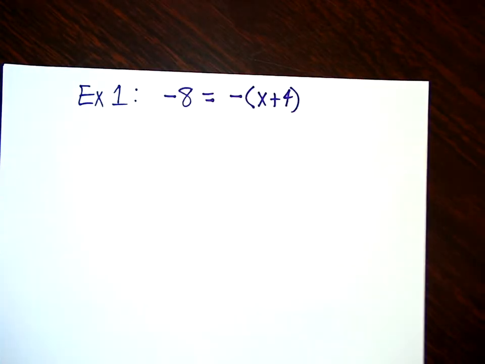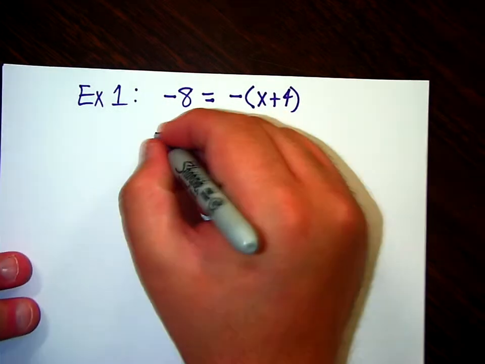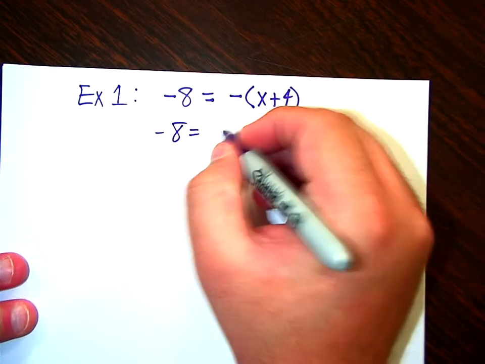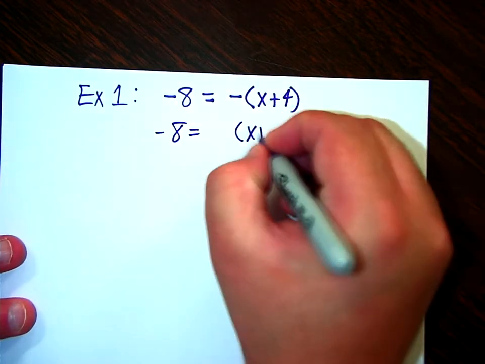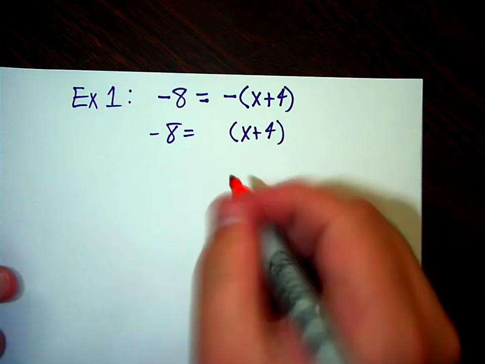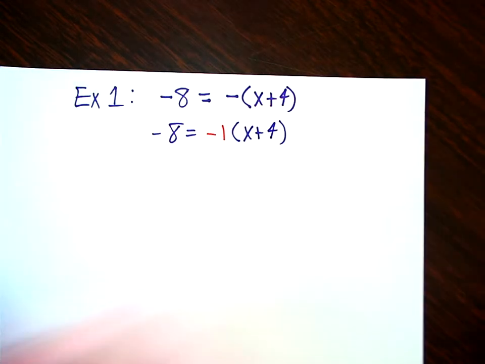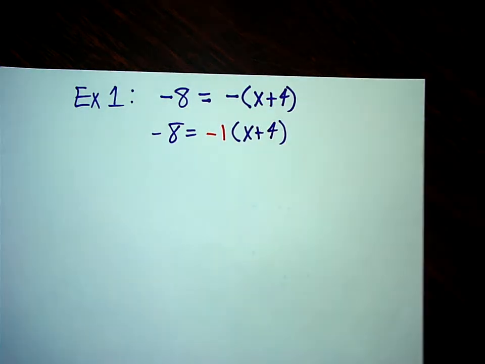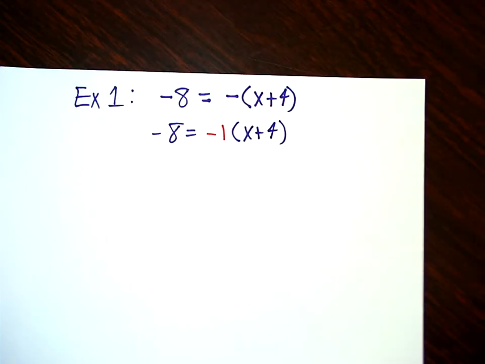So I'm going to rewrite this with something there that will help us greatly. Okay, this negative sign is going to turn into a negative 1. All right, and then because we're justifying our steps, over here, what am I going to do?